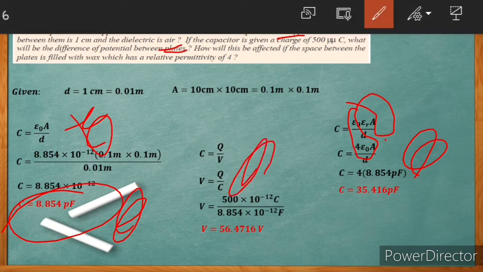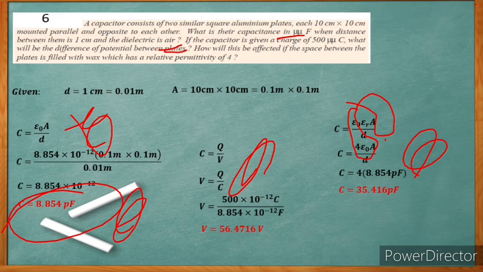To prove that, we will be using the formula for the voltage difference. So V is equal to 56.4716 volts divided by 4, and that is 14.119 volts. That is the voltage difference when filled with wax.